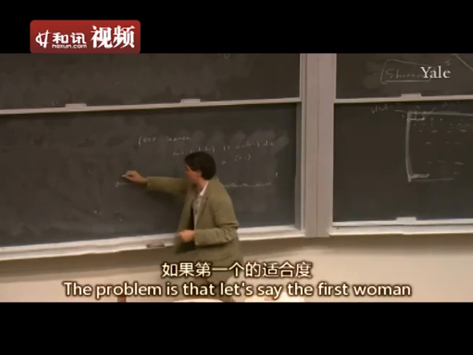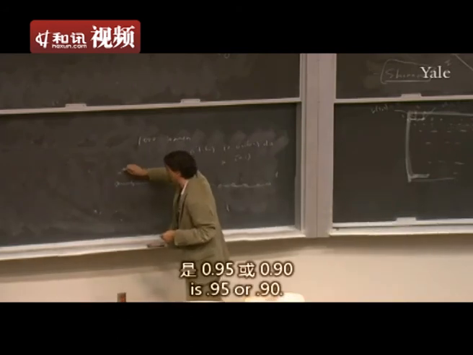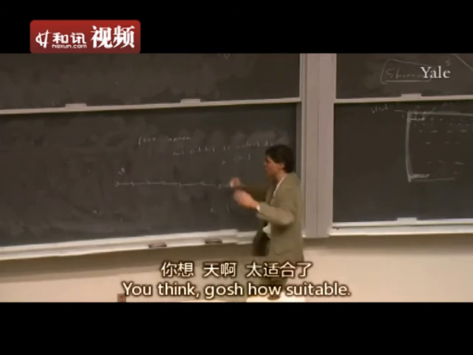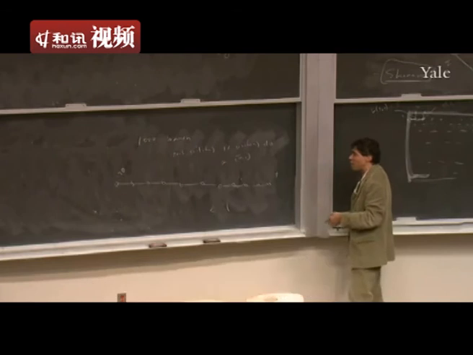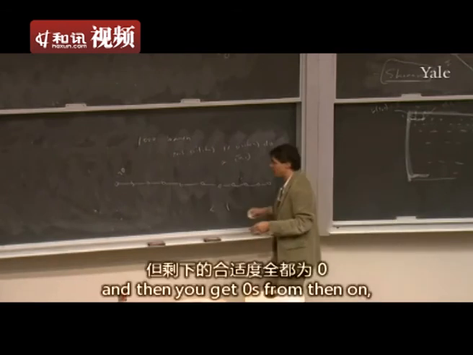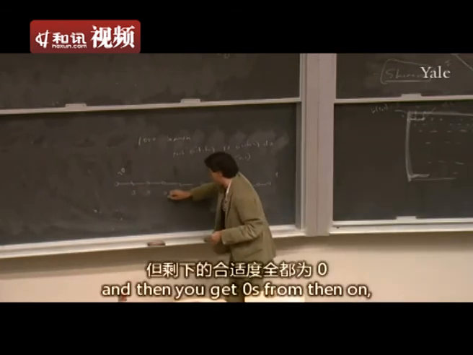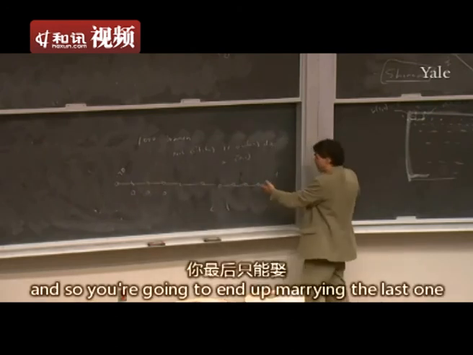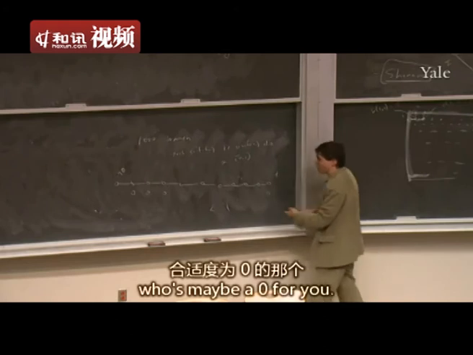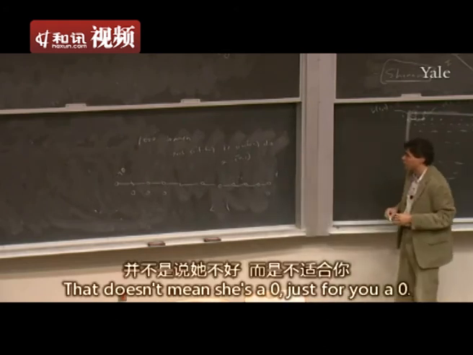Let's say the first woman is 0.95 or 0.90. You think, gosh, how suitable, this is a great match. But I've got 999 more women to go. Maybe I'll do better. And then you get zeros from then on. And so you've missed your 0.90, and you're going to end up marrying the last one who's maybe a 0 for you. That doesn't mean she's a 0, just for you a 0.